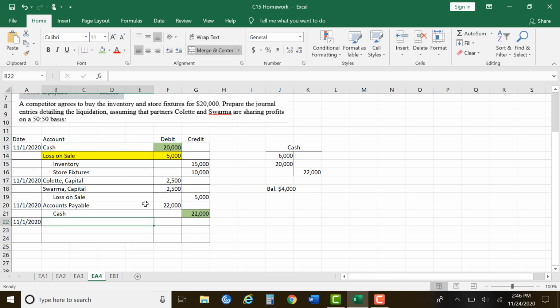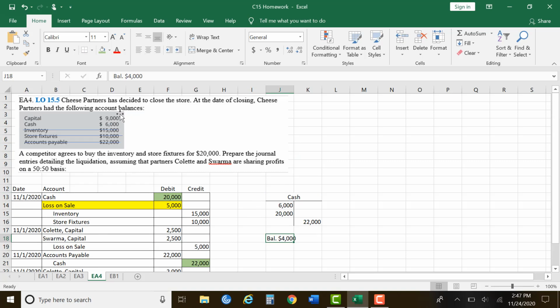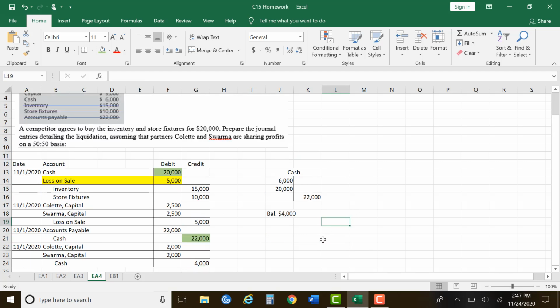So it will go Colette Capital $2,000 and Swarma Capital $2,000, and it will be paid out in cash $4,000. So then we've just cleaned out that balance as well, and the capital accounts just ended where they ended because we dissolved the business.